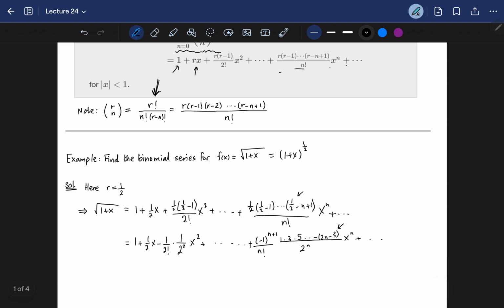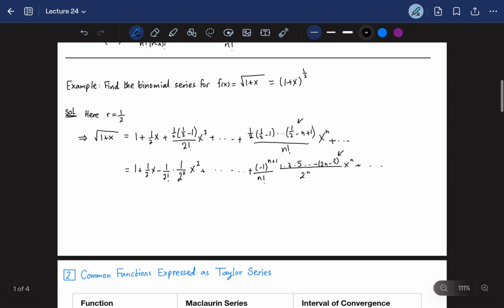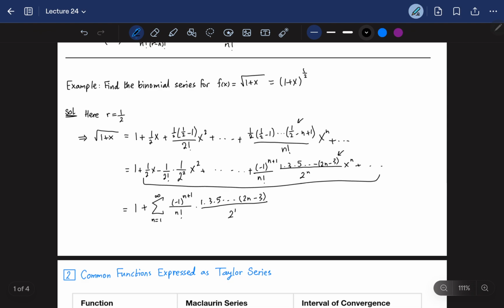If you can see here, now we can have a general formula. All of these terms I can write as an infinite sum when n equals 1 up to infinity: negative 1 to the n plus 1 over n factorial, then 1 times 3 up to 2n minus 3 over 2 to the n, x to the n.